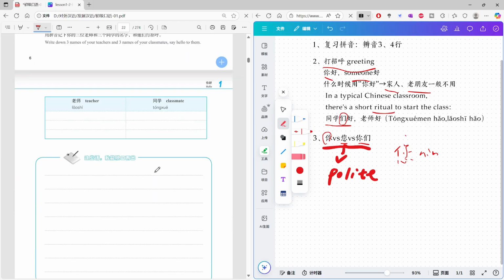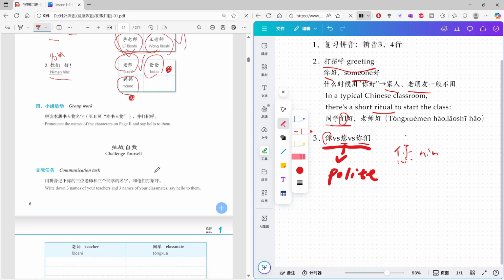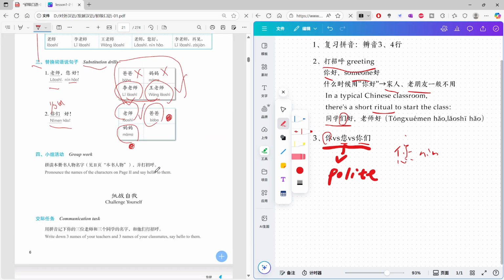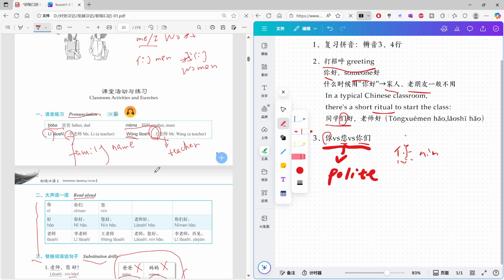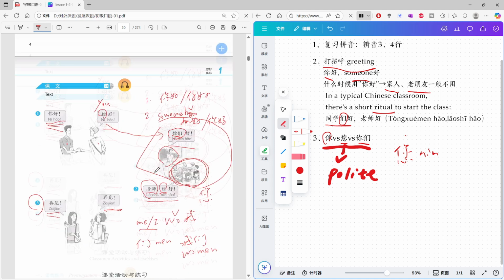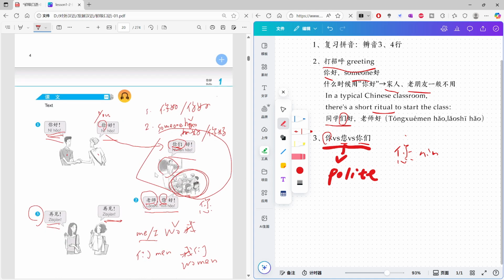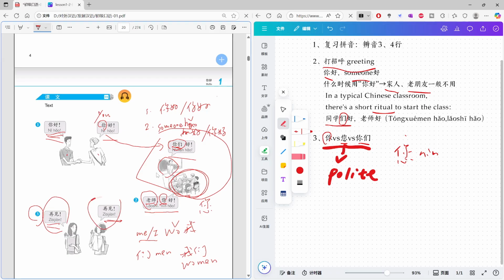And there is a small homework: next time when you meet your Chinese friends, please use what we've learned today, the very basic greetings, 你好, 你们好, or 您好, or someone 好. And don't forget this goodbye, 再见. Yeah, please practice when you meet your Chinese friends.